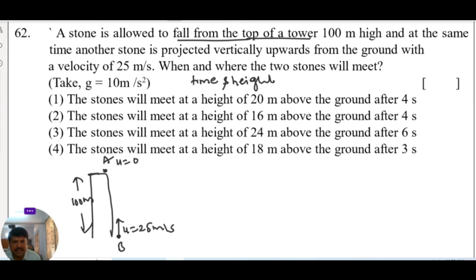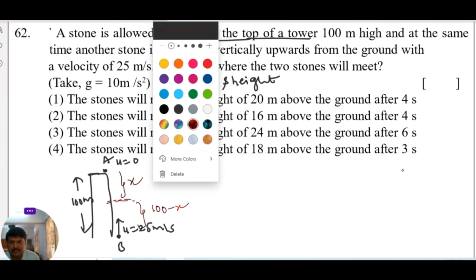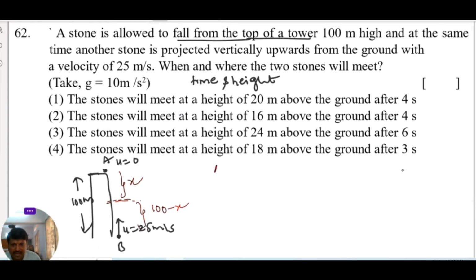Suppose at this point the two stones will meet. From the top, suppose this distance is x. From below, this is equal to 100 minus x. For stone A, we know very well, use the second equation of motion, S is equal to ut plus half at square.